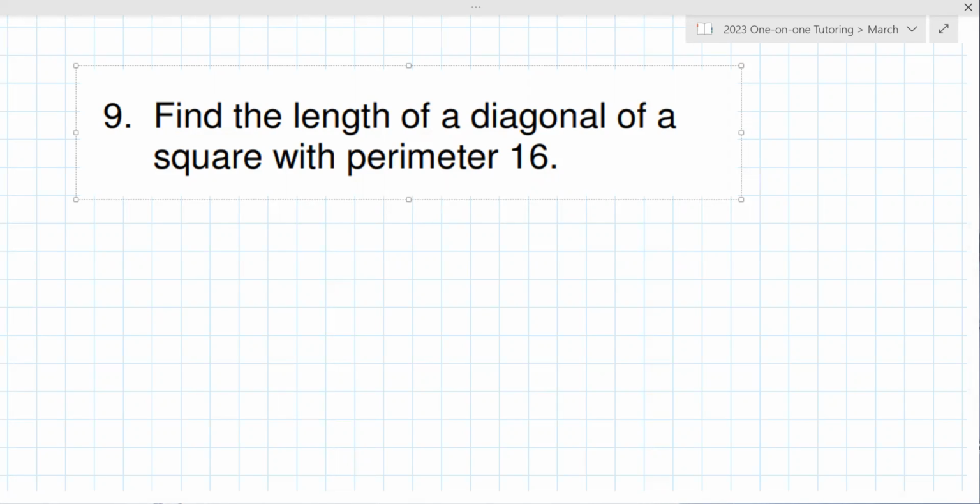Let's find. All right, then. So it would be 16 plus 16. That'll give me 32.